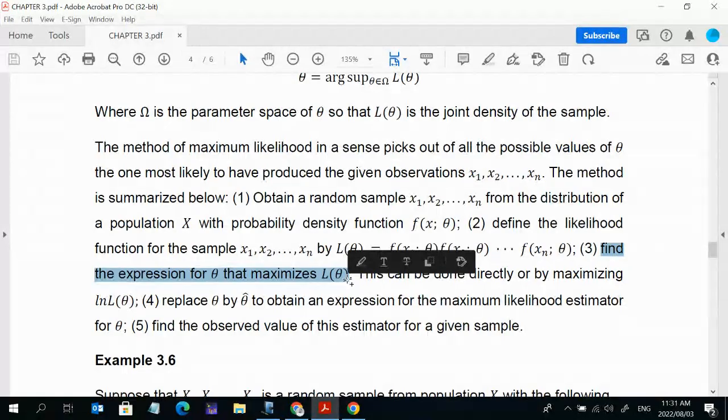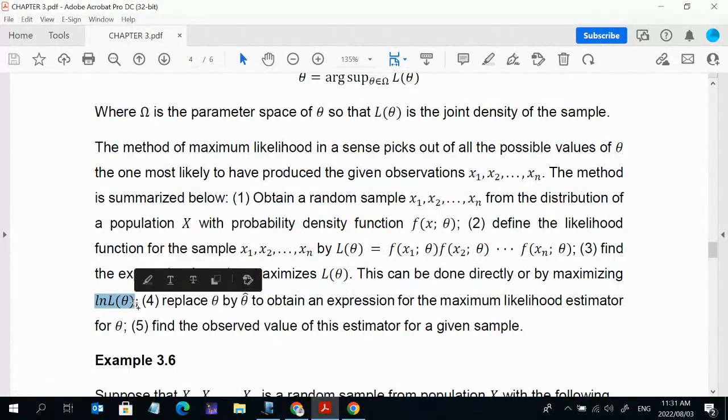To find this expression, we differentiate the likelihood function, equate the result to 0 and solve for theta. Or we take the natural logarithm of the likelihood function, differentiate the natural logarithm of the joint function, equate that to 0, and solve for theta.